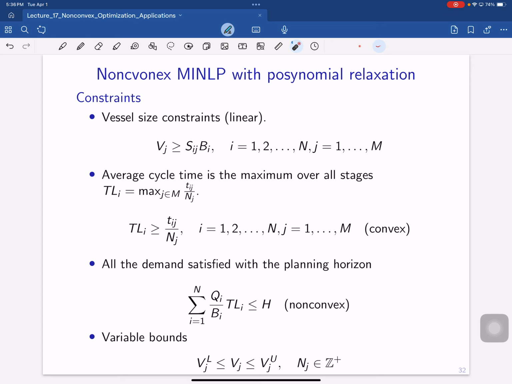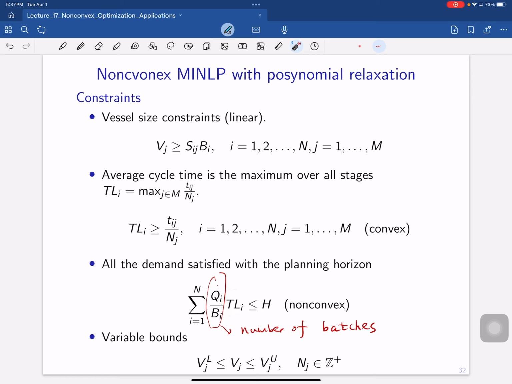Now you also have a demand satisfaction constraint. Okay, so Qi divided by Bi, this part is the number of batches, right? Q is the total demand, Bi is a batch size, and the ratio is the number of batches you need to produce, and TL is the cycle time of a given product.